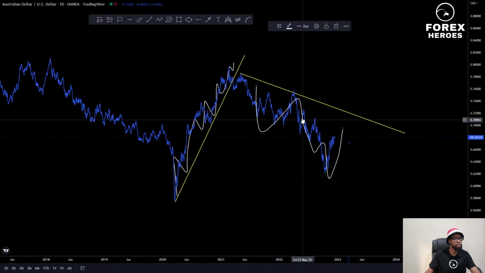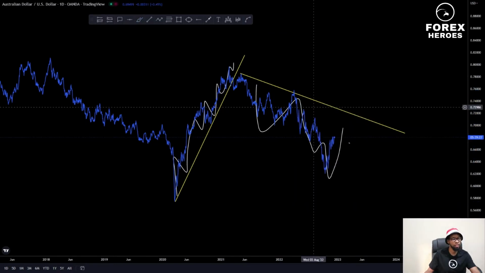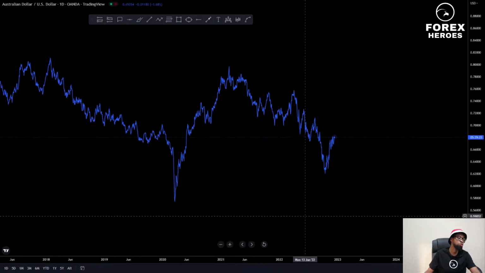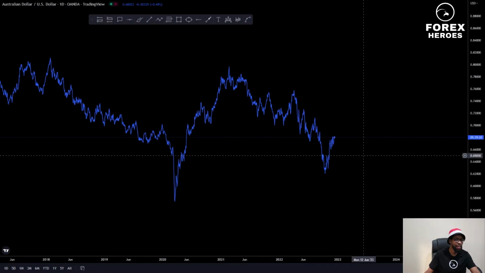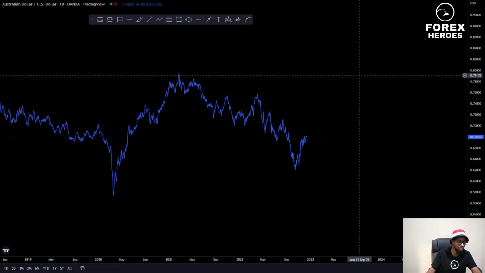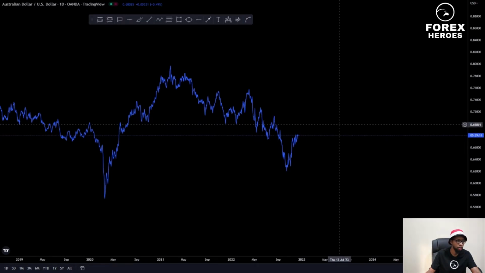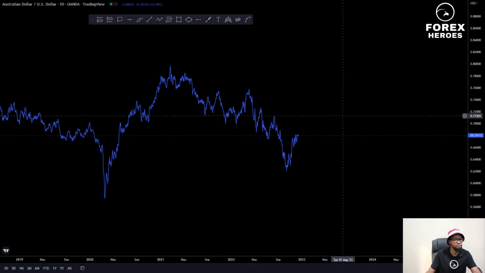We are in a downtrend. But you have to take into account as well that you need to understand where the new trend starts. So now I'm going to start by drawing my significant levels.